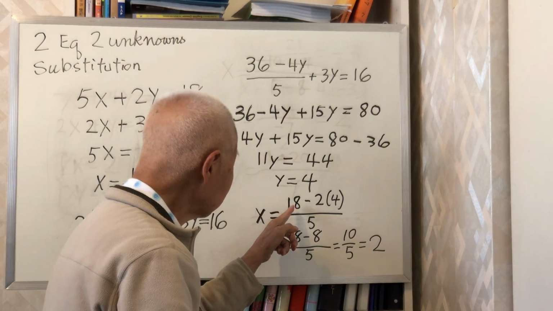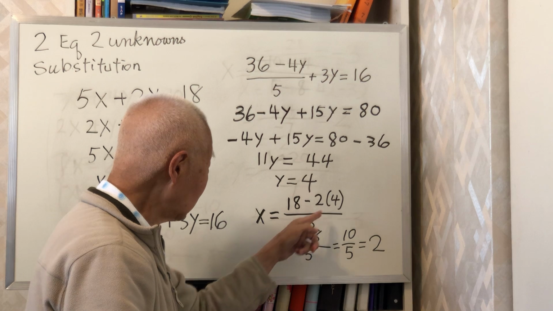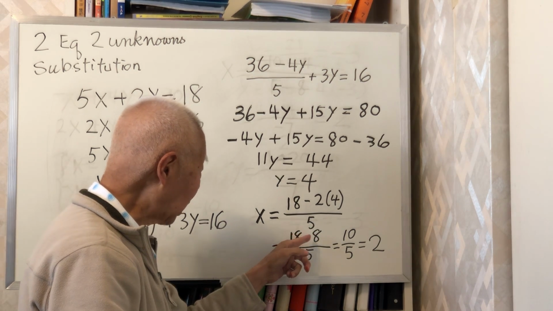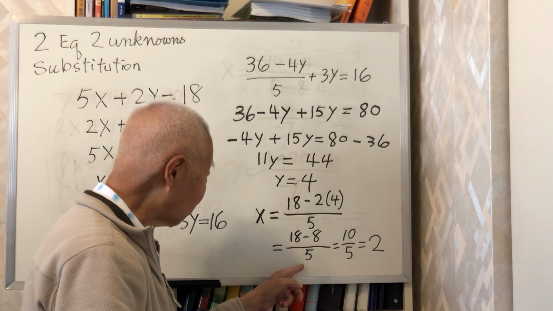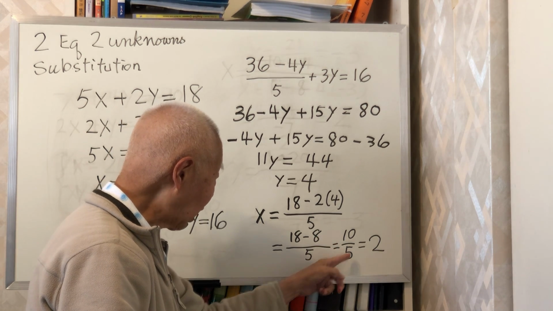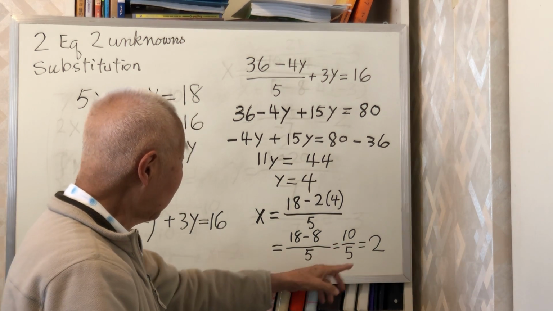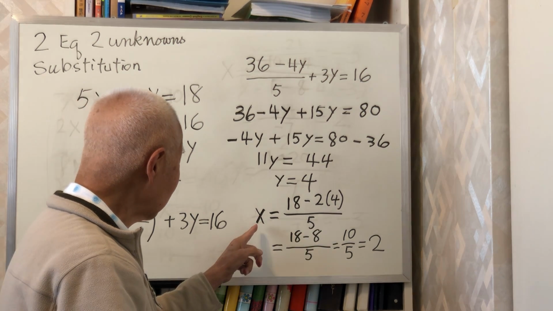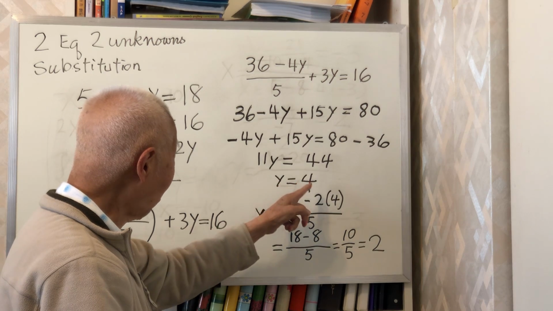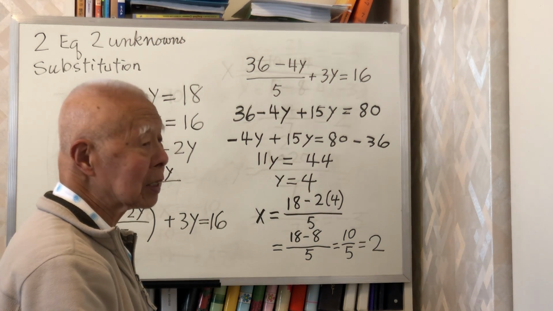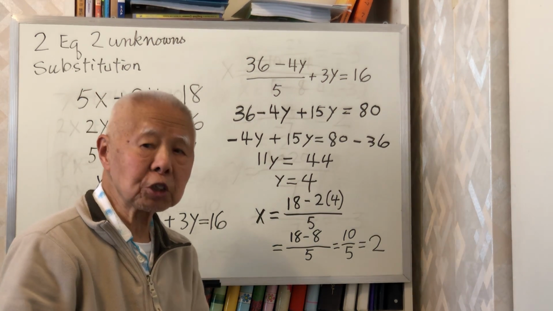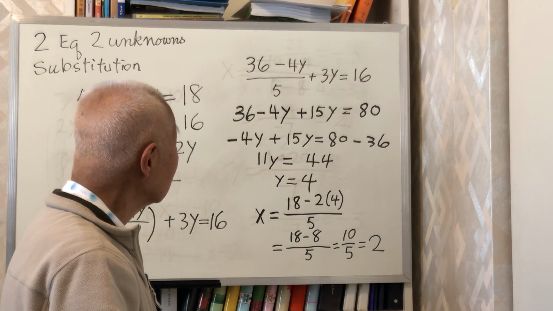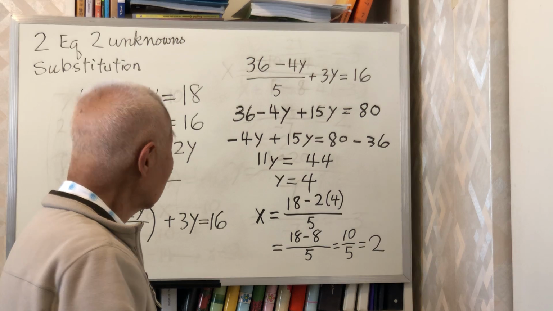I have 18 minus 2 times 4, and I carry on. 18 minus 8 divided by 5, 10 divided by 5 is 2. So I have 2 for the answer of x and 4 for the answer of y. So that's called substitution.